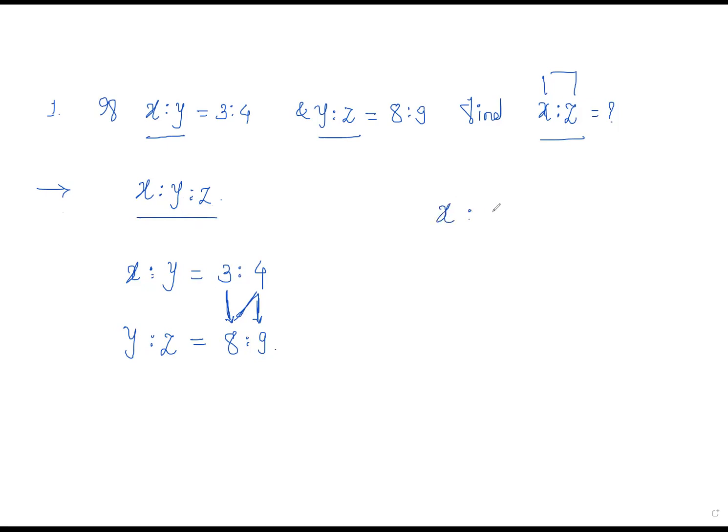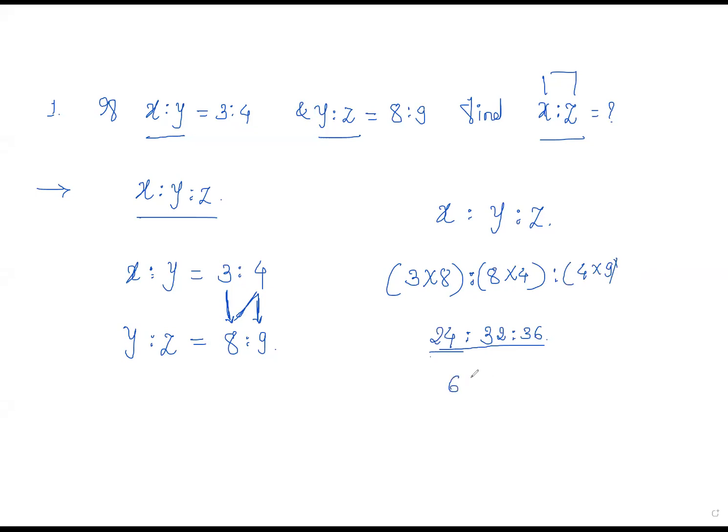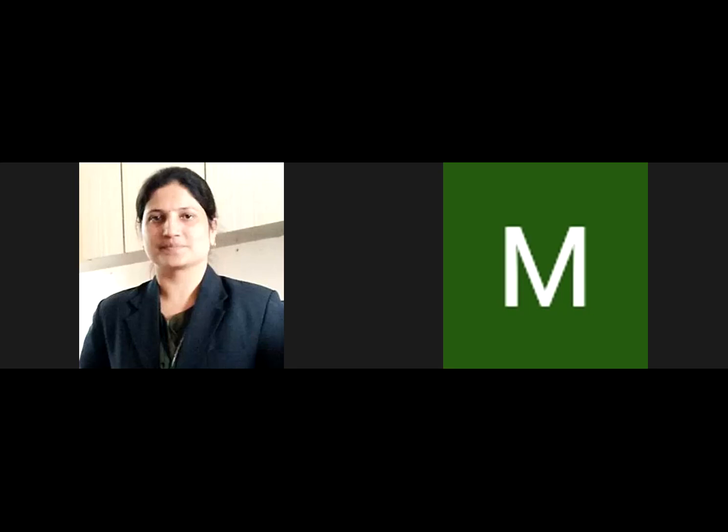So x is to y is to z can be calculated as follows: the value of x will be 3 into 8, y can be taken as 8 into 4, and for z we calculate with 4 into 9. What will be the ratio of x is to z?